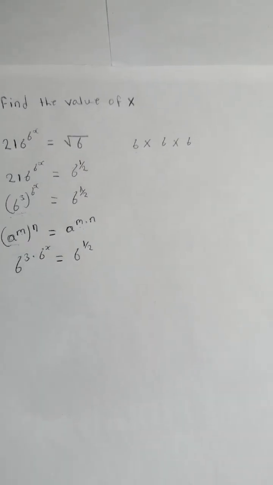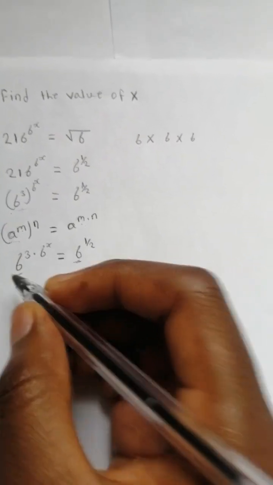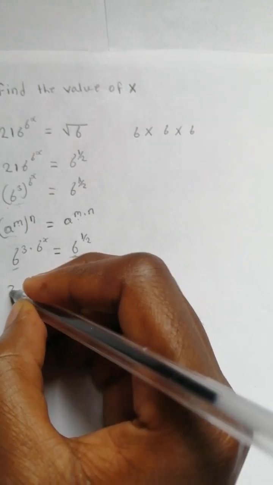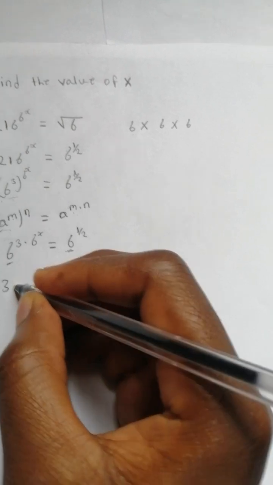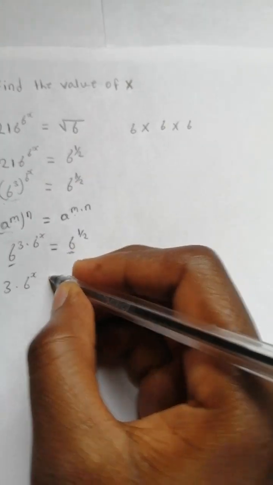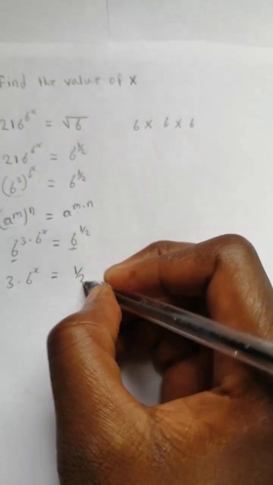So notice here again that we have the same bases, so we are going to equate the exponents. So we have 3 times 6 raised to the power x, and then this should be equal to 1 over 2 like that.